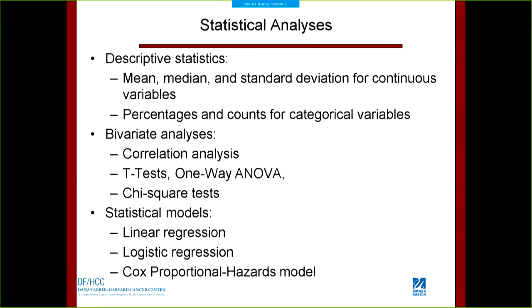Again, as Clement mentioned before, we begin with the descriptive statistics, to give some report such as the mean, standard deviation, and the confidence interval for the continuous data. And for the categorical variable, we report counts and percentages.